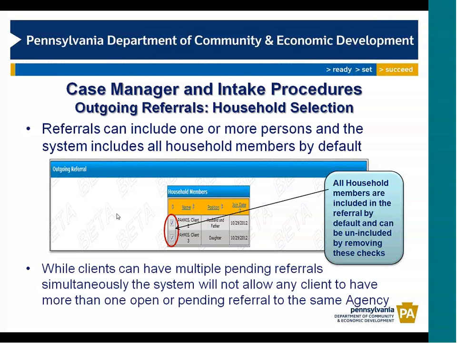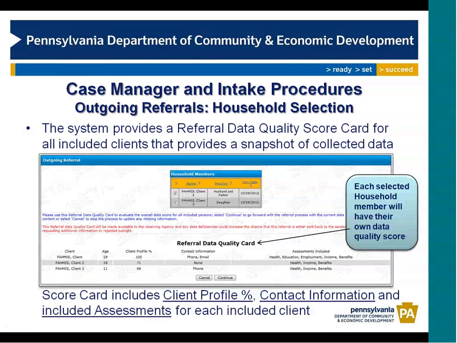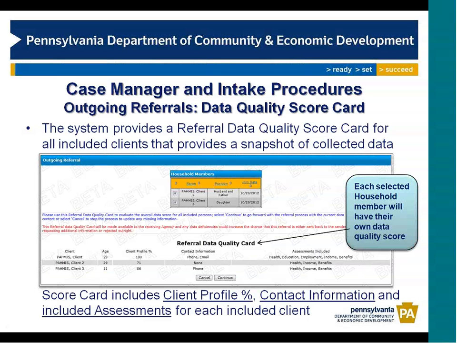So the agency needs to process that referral before a new one can be sent. If a client already has one sent to that agency, it won't allow the process to continue, and the same goes for any household members. So it's got filtering in there. If it doesn't allow you to do that, it probably has an open one. You can edit your referrals, though. Bring that up. Yeah.